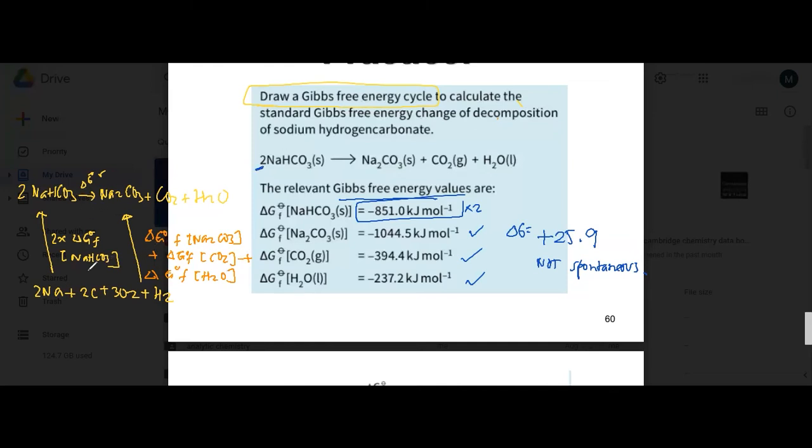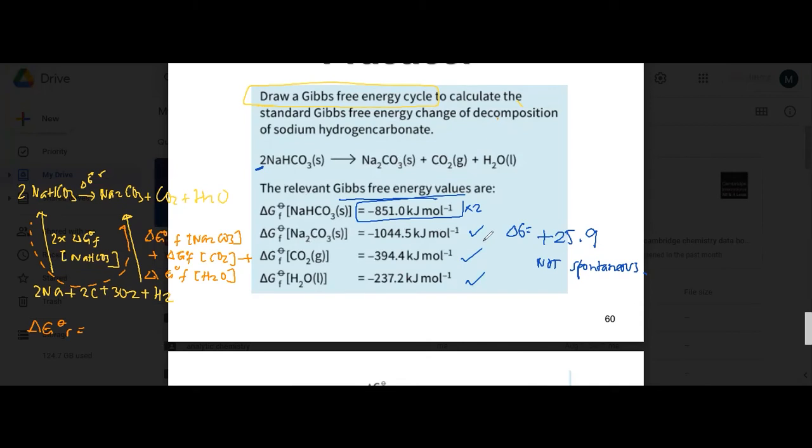So you can find the delta G of reaction actually like this. That's why you add all the delta G_f of Na2CO3, CO2, and H2O, and then minus 2 times delta G_f of NaHCO3. So once again, you can draw the cycle to find the Gibbs free energy of reaction, or you can also use the formula: the sum of delta G_f of products minus the sum of delta G_f of reactants.